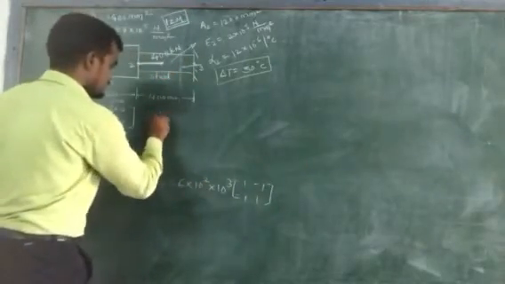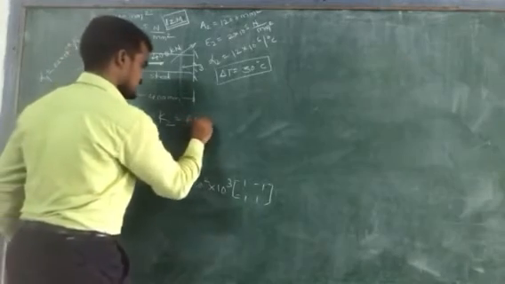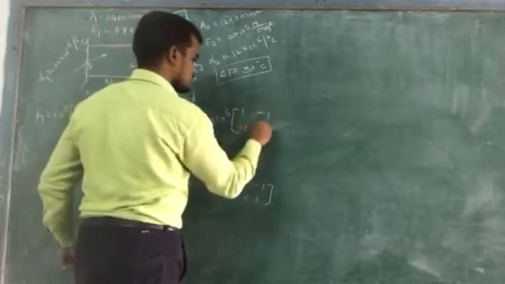So finally this K2 will become equal to 600 into 10 raised to power 3 in bracket 1 minus 1 minus 1 1.